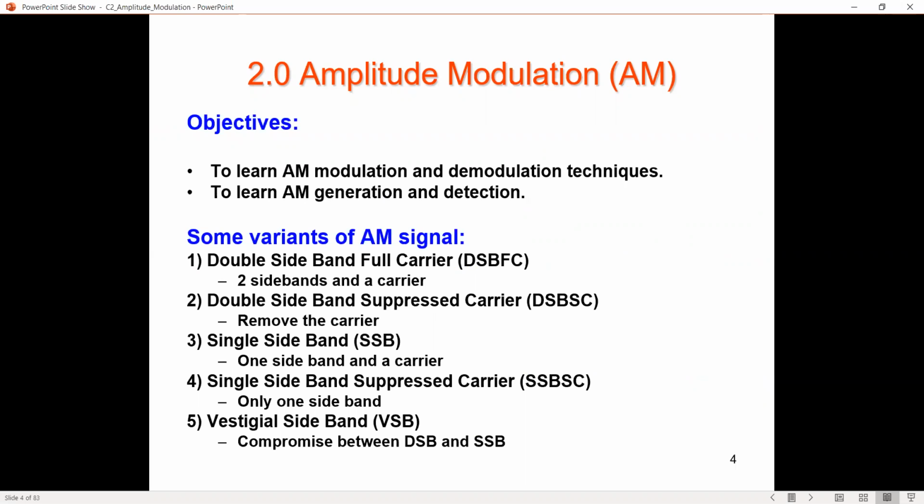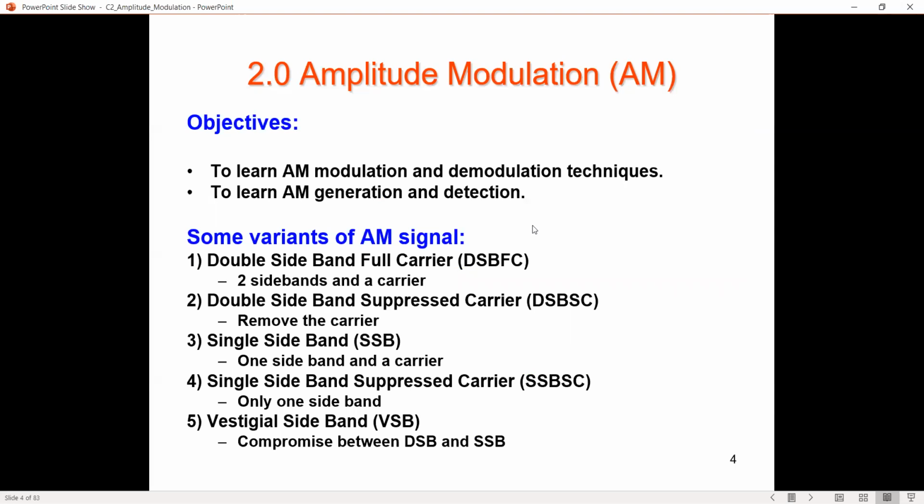So we look at the first modulation type that we will learn in our course, which is amplitude modulation. The objective for this chapter is to learn about AM modulation and demodulation techniques, and to learn about AM generation and detection.